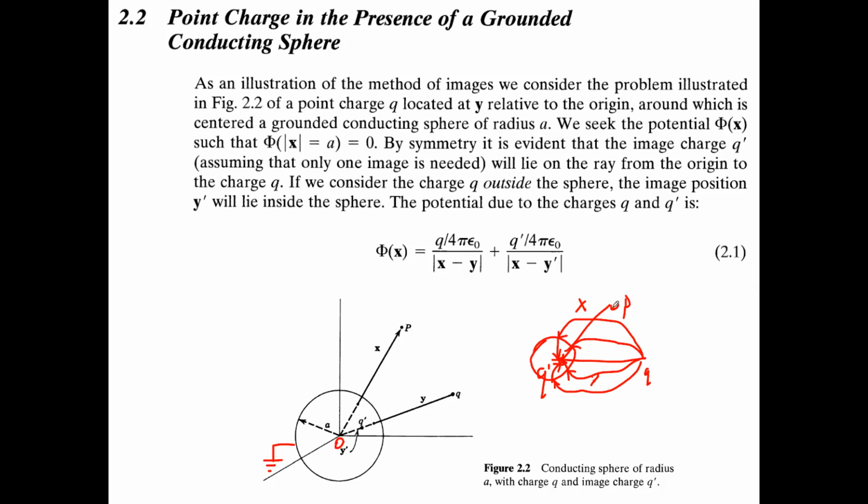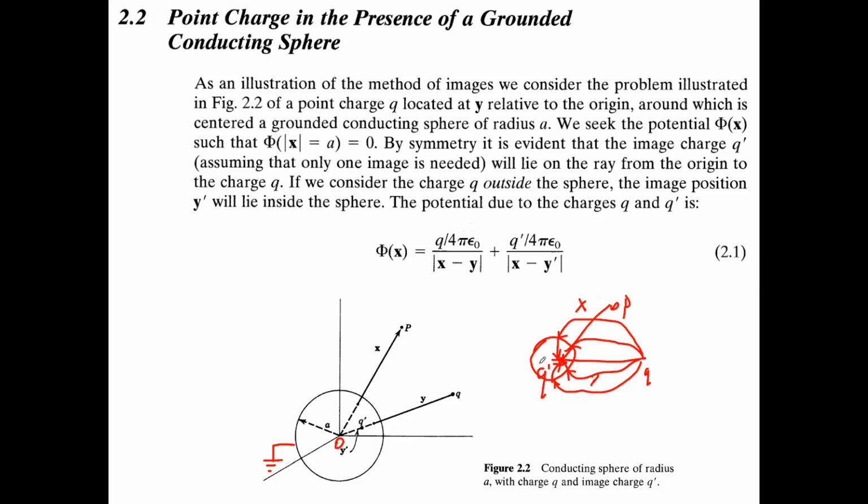Okay, so suppose now you have two charges and you want to calculate phi. The phi generated by Q is Q over the distance between P and Q, which is the magnitude of X minus Y, over 4 pi epsilon, which is a constant.